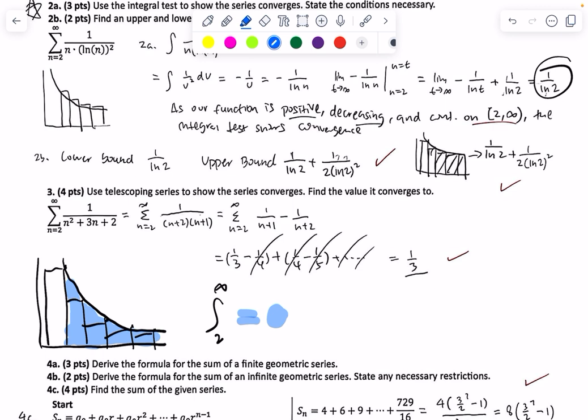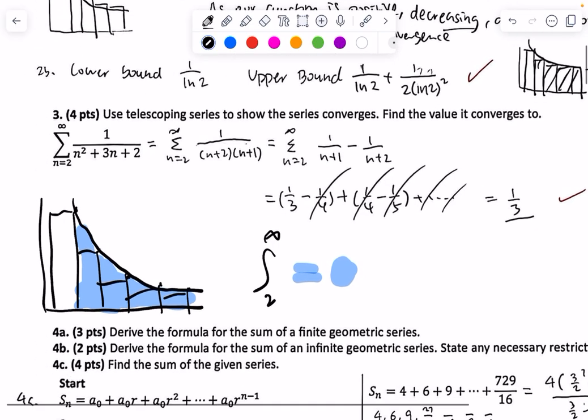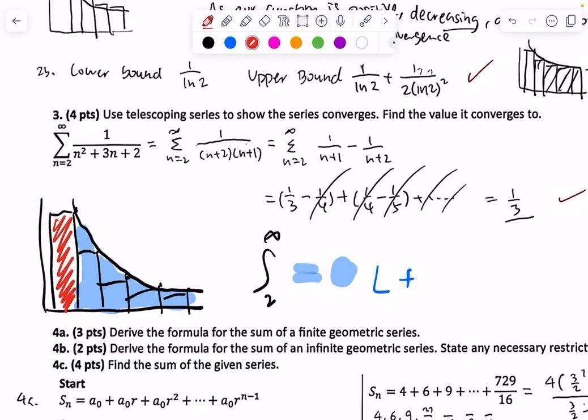And I'll just, on my iPad, I'm writing this part is equal to blue. So how does that help us find the total value of the whole series? Well, the whole series has to be smaller than the blue area. I'm actually going to call that L. This integral plus this little bit right here.